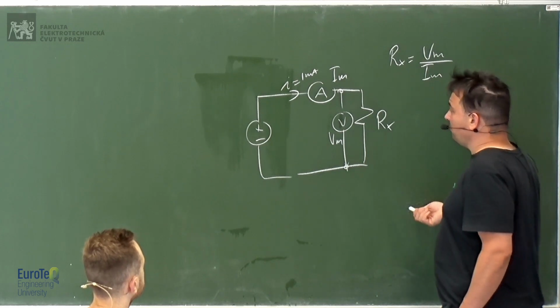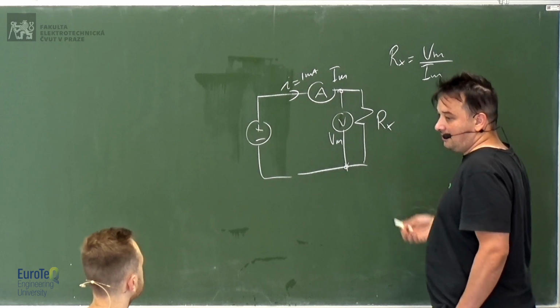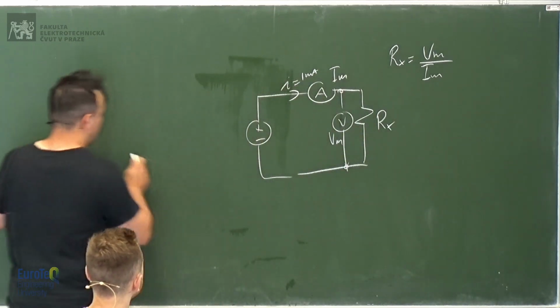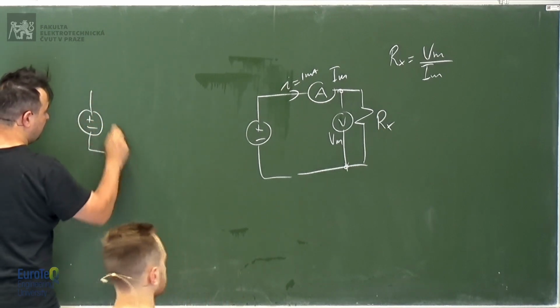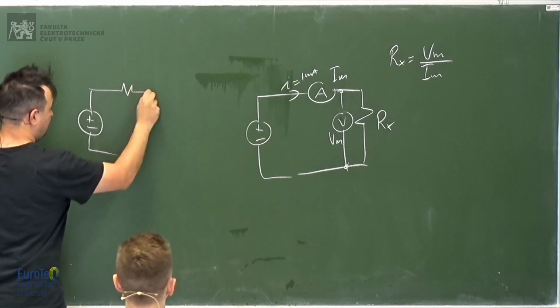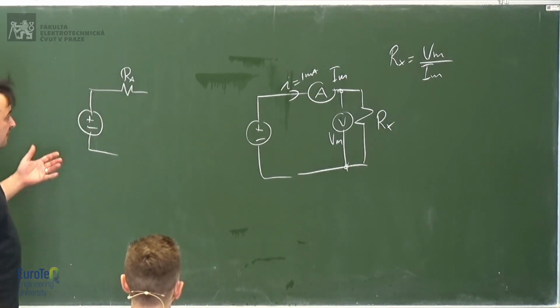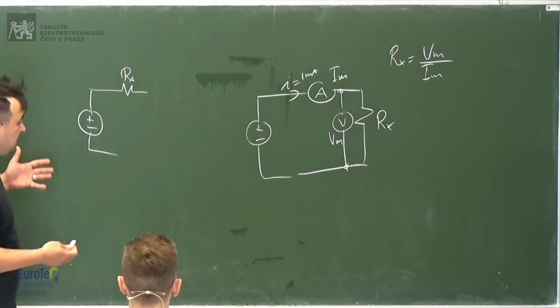This is not really true because you know that the voltmeter has some internal impedance, okay? So you can consider the same circuit where instead of an ammeter you have a resistance, the resistance of the meter, which is typically low but it's there.